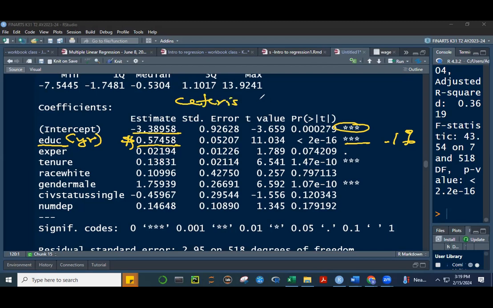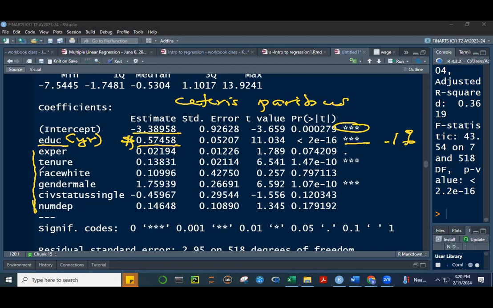Okay, we have to put that, class. Ceteris paribus, which means all things being the same. What does that mean? You're only going to change education by 1 unit. Experience, tenure, etc., you will not change.